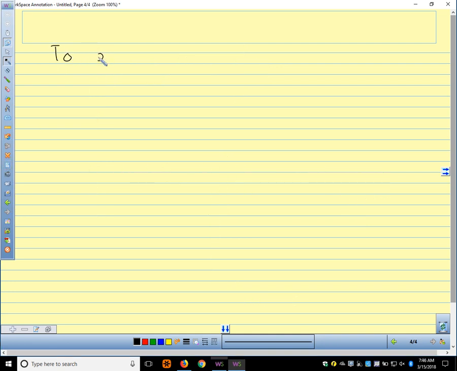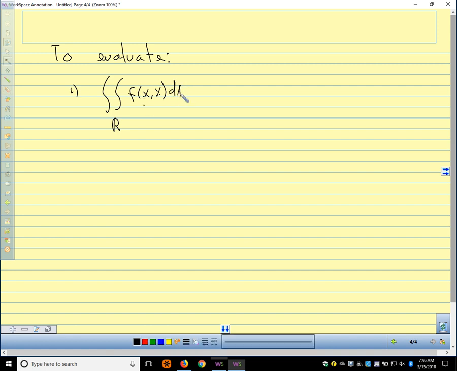So to evaluate, the first case, we're going to say the double integral over our region of f of xy dA is going to equal the integral from alpha to beta, the integral from g1 of theta to g2 of theta of f of r cosine theta, r sine theta, r dr d theta.